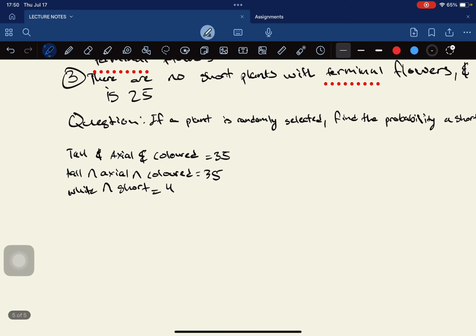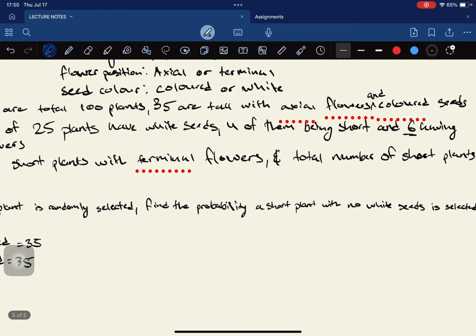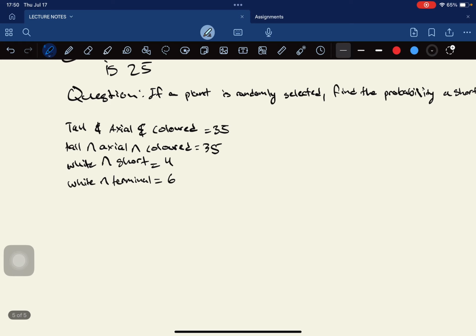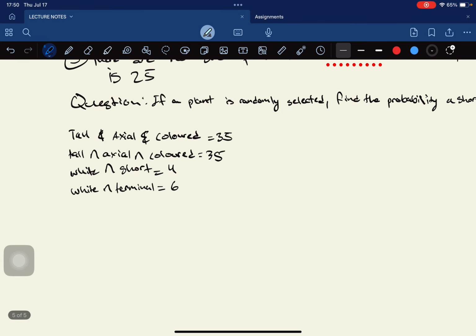And the second one would be six, because it said six of them have terminal flowers, so white and terminal is six. My bad for my handwriting, by the way. And the total of white plants would be 25.